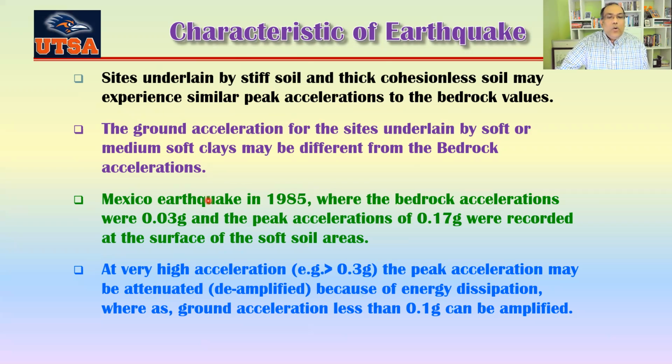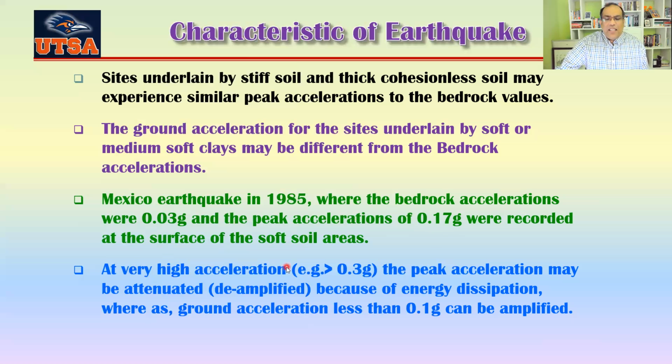However, in the Mexico earthquake in 1985, the bedrock acceleration was 0.03 g, where g is the acceleration due to gravity, and a peak acceleration of 0.17 g was recorded at the surface of the soft soil areas. Okay, so it's not true that all the time this will be lower than that. Even for soft soil, we see that the peak acceleration can go high.